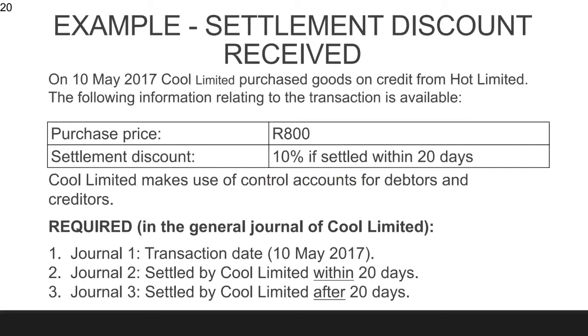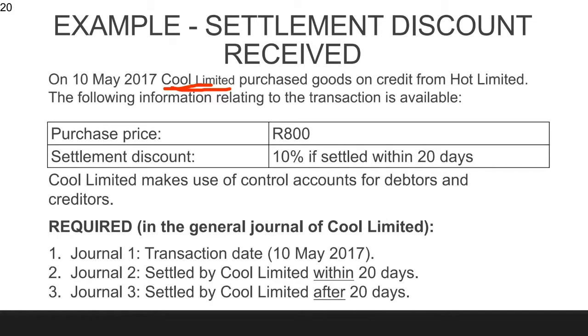Okay, in this example, Cool Limited, it's on ClickUp. I'll put it in a Word document as well, just in case you want to do it and the slides are not, and you don't like doing it on the slides. So I'll put it in a Word document for you guys. Okay, so it says on the 10th of May 2017, Cool Limited purchased goods on credit from Hot Limited.